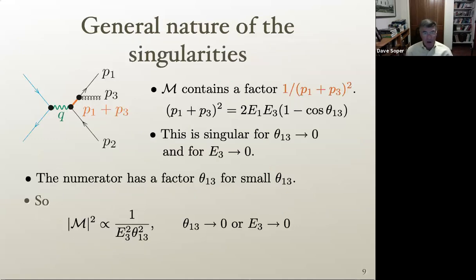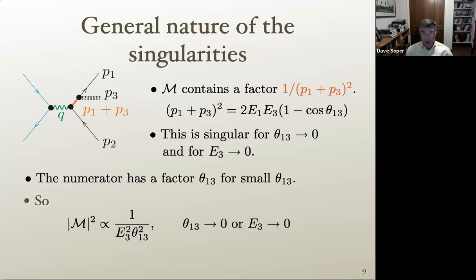And you can ask, where did that come from? So the matrix element, calculated from the Feynman diagram I'm showing you here, I call the matrix element just calligraphic M. That always has a factor just from the Feynman rules, 1 over (P1 plus P3) covariant squared, and that is twice E1 times E3 times (1 minus cosine of angle).